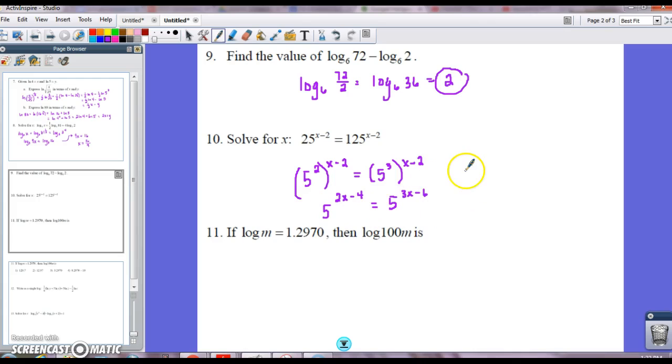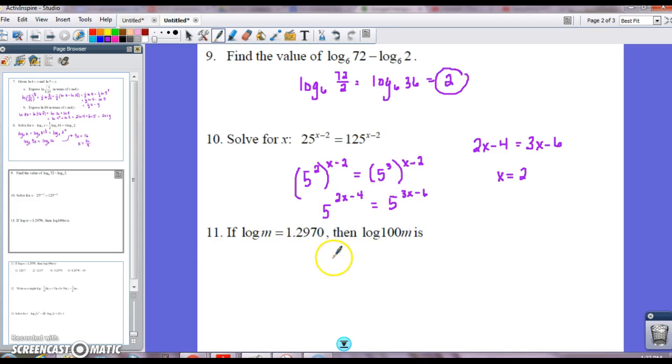And now I have a common base, so I can set my exponents equal to each other. 2x minus 4 is equal to 3x minus 6. And when I solve that, if I subtract 2x from both sides, add 6 to both sides, I end up with x is 2.